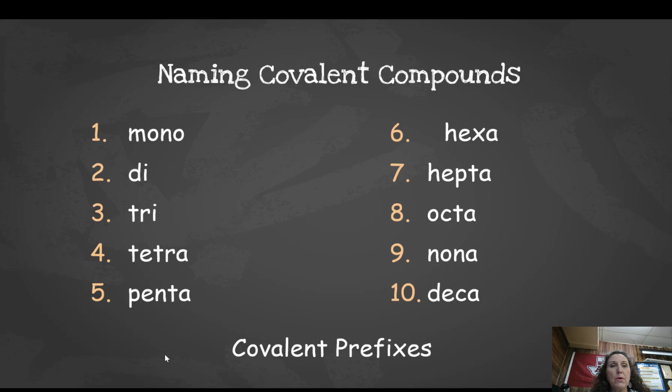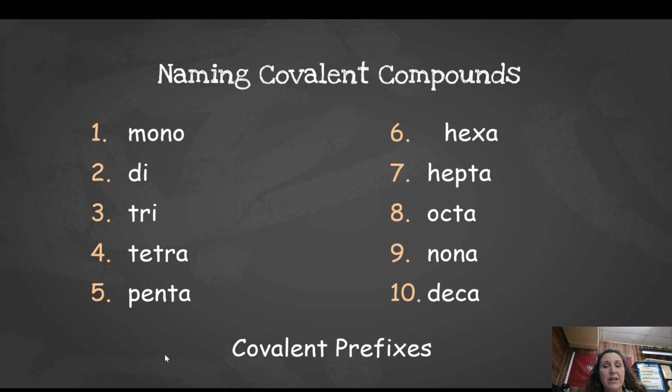All right, so the prefixes that we're putting essentially have to do with the number. If I write OH, it is assumed that there is one oxygen and one hydrogen. If I write H2O, that is letting you know there are two hydrogen, because the two is after the H, and one oxygen.